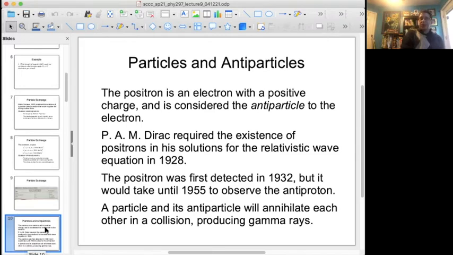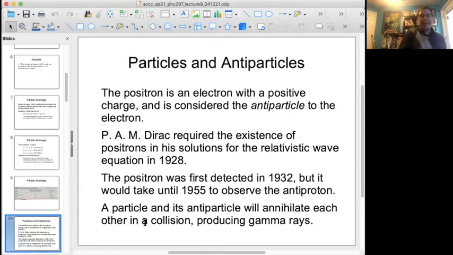So basically, electrons moving not only allowed for the existence, it required the existence of positrons, which are basically electrons that also have positive charges. So the positron was first detected in 1932, but it would take until 1955 to observe the antiproton. So what you see with particle physics in general is that theory leads experimentation often by quite a sizable length of time.